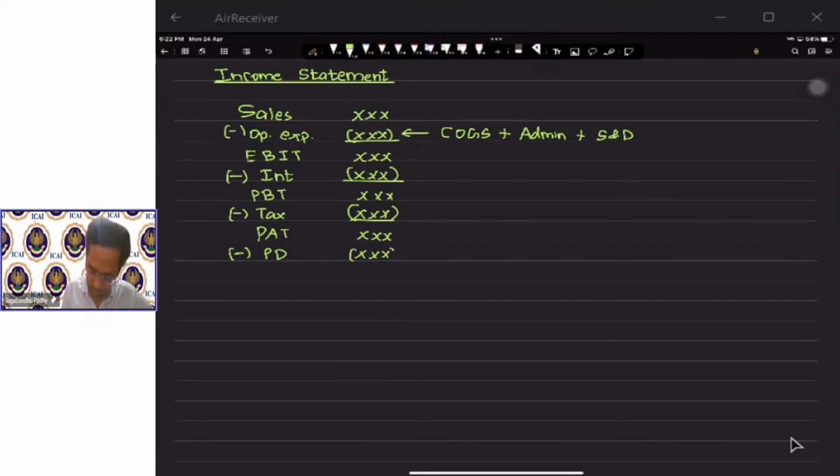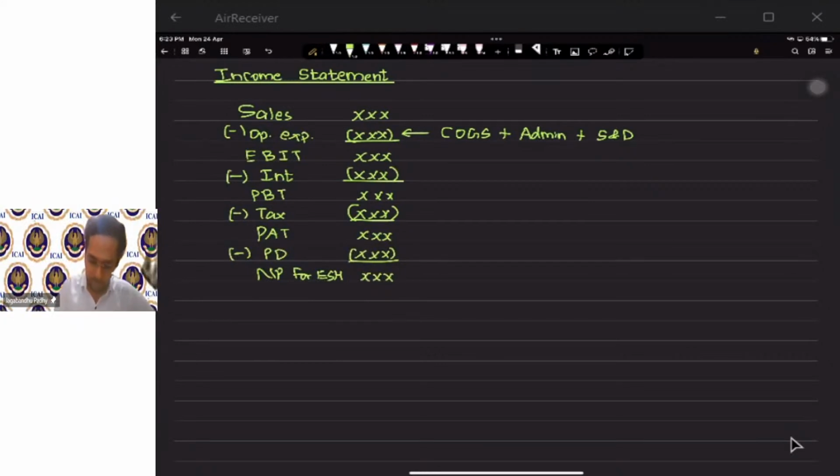Once you subtract the preference dividend, we have the net profit for equity shareholders. So this is the typical income statement that we have.